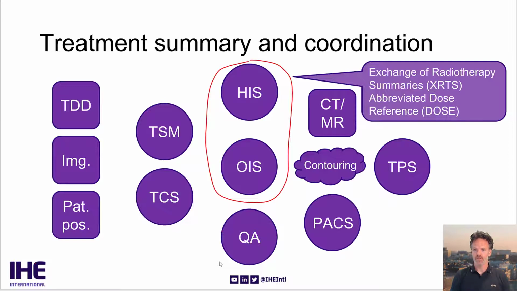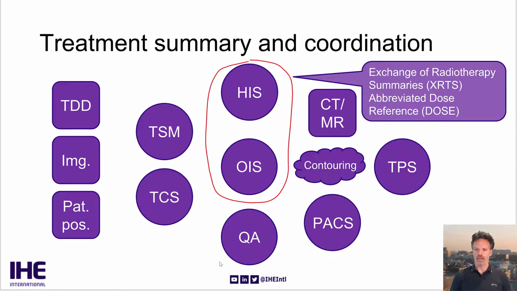And here also the abbreviated dose reference comes in. This is a profile for defining kind of conceptual dose delivery that doesn't go into details of the technology used. This can be important to coordinate between different modes of radiation, different modalities such as boron neutron capture or carbon therapy that doesn't use exactly the same units as other treatments.